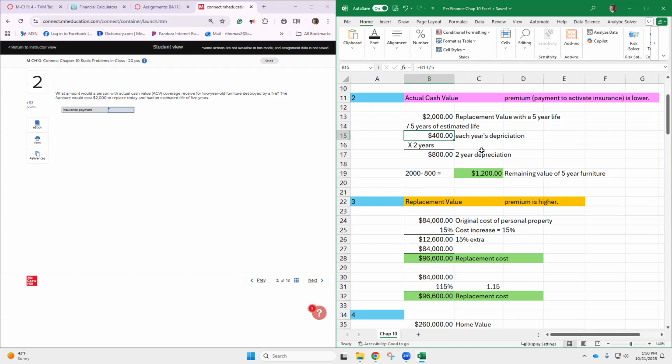They talked about 2-year-old furniture, so 2 times 400 is 800. That's the 2-year depreciation. So the replacement value of 2,000 minus 800 means that you should get an insurance payment of $1,200.